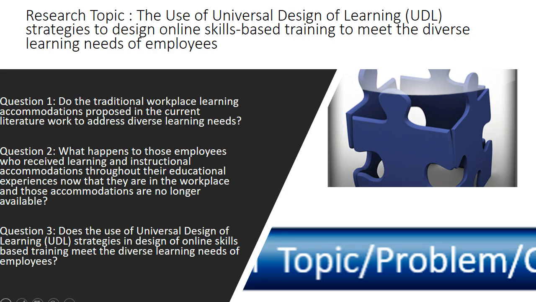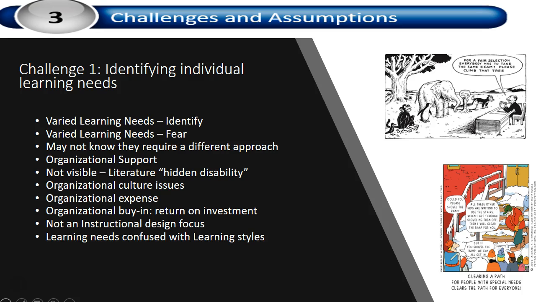Question 2: what happens to those employees who might have received learning or instructional accommodations throughout their educational experiences now when they're in the workplace and no longer have those accommodations available? And then question 3, does the use of UDL in the design meet those diverse needs? So really, if we can answer questions 1 and 2, then we should be able to answer question 3.